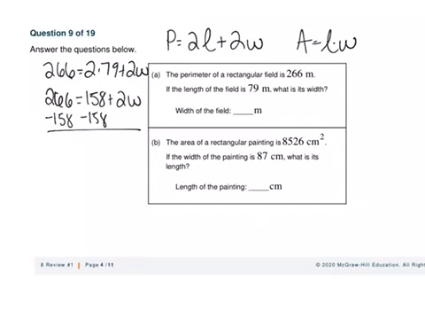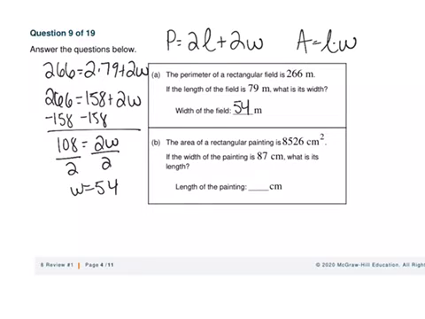And 266 minus 158 is 108, equal to 2w, and then in order to solve for w, we're going to divide that by 2, and your width is going to be 54 meters, okay? So the width of that one is 54 meters.